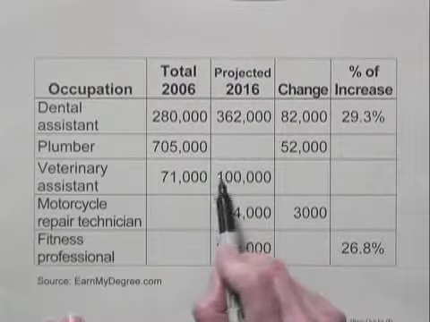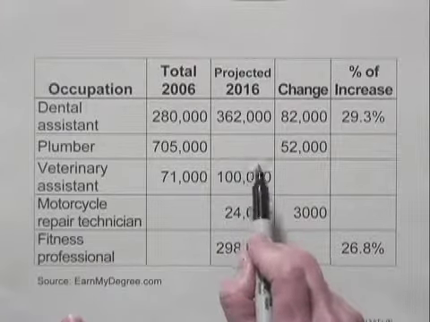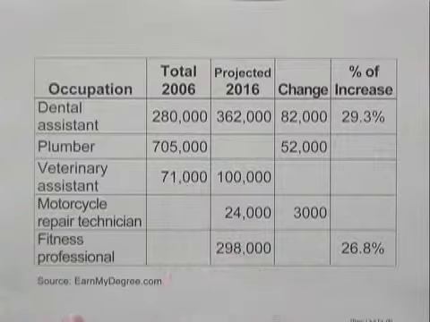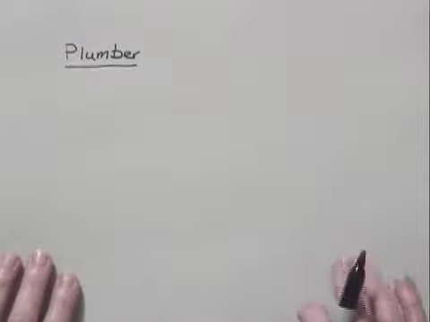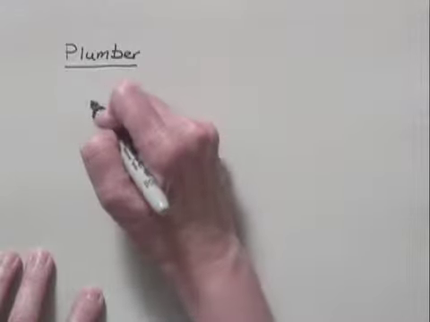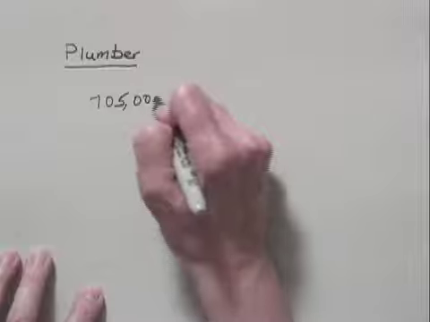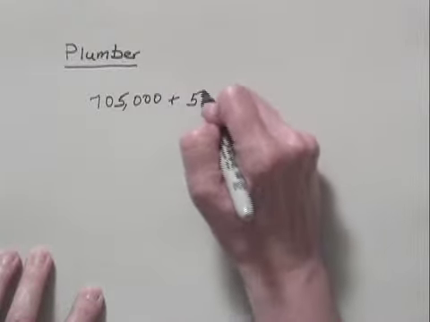The first thing that we want to find is the projected number of jobs in 2016. We know that it's going to be 52,000 more than the number in 2006, so we can add to fill in that part of the table. We add the number of jobs in 2006, which was 705,000, and the projected increase, which is 52,000.